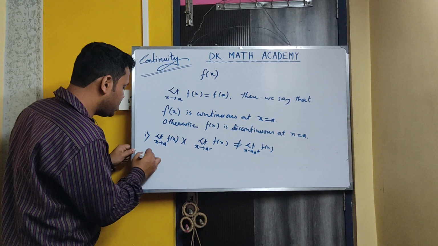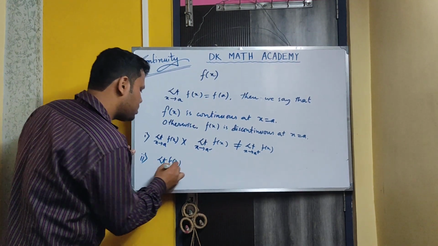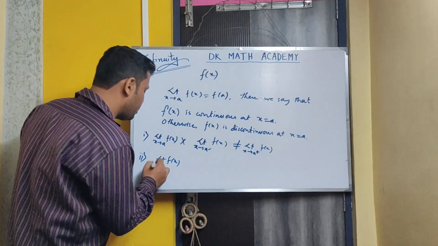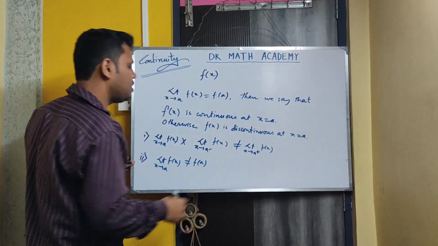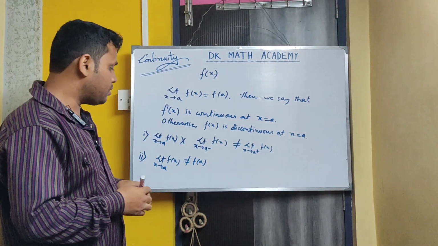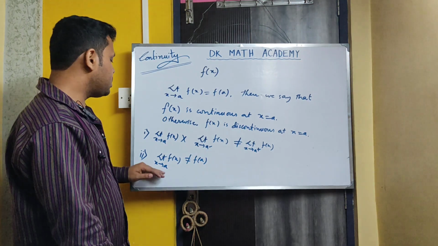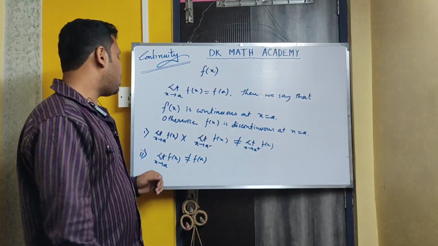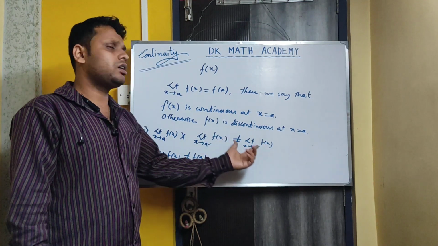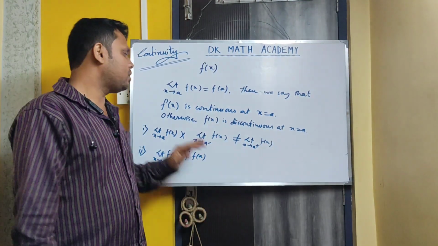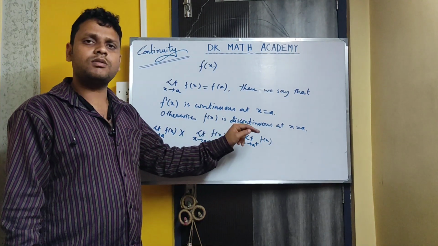And the second possibility is that the limit exists, but the limiting value does not equal the functional value at that point. Functional value at the point x equals a means f(a). Then the function is said to be discontinuous at x equals a.